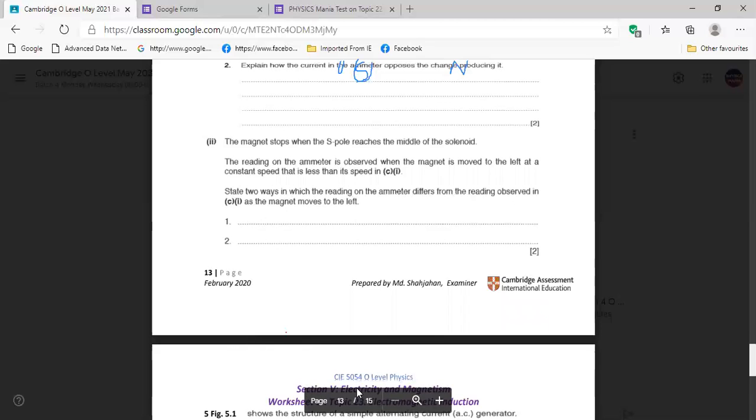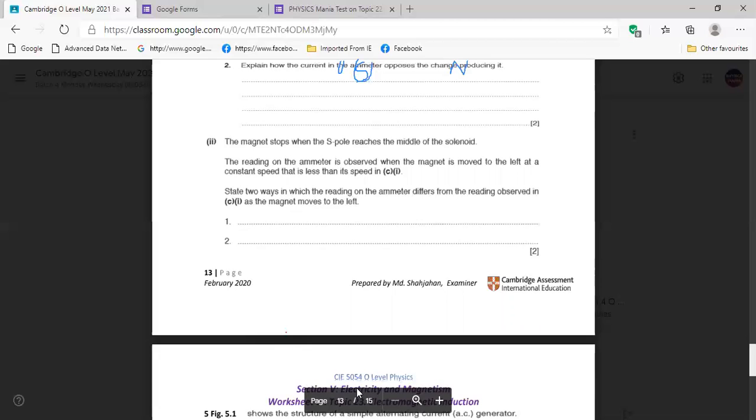So write these two points. Less reading in the ammeter, and opposite direction of the needle, or the sign of the reading is inversed or changed.